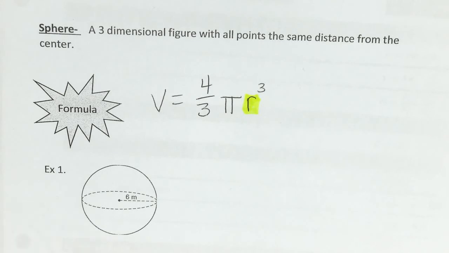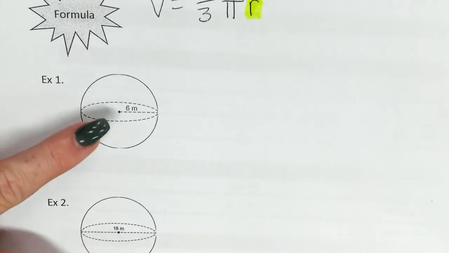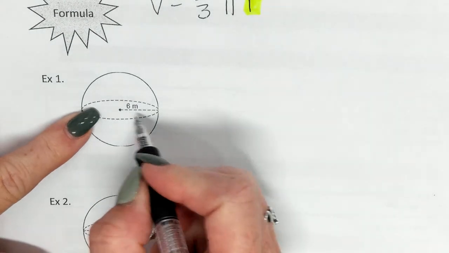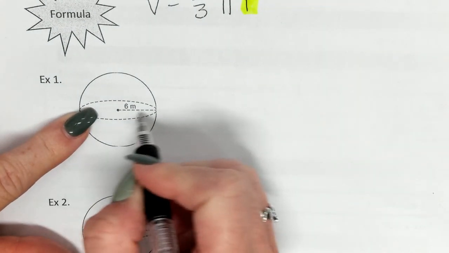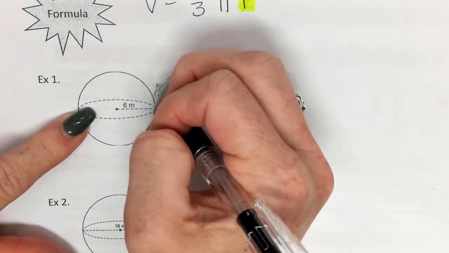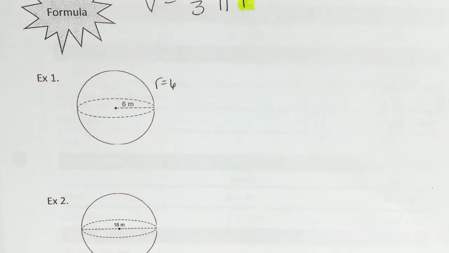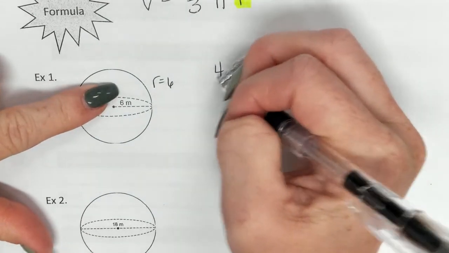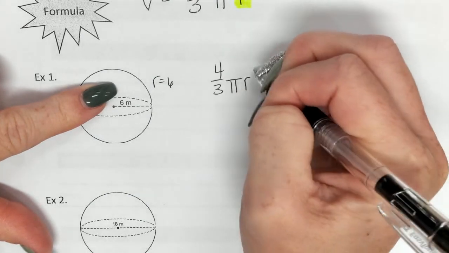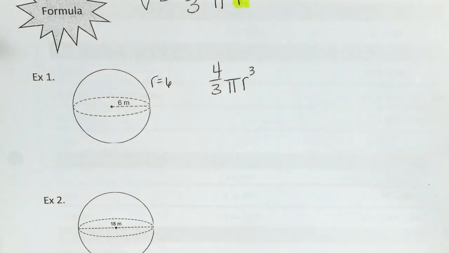Yes? So everybody look at this sphere. Did they give you the radius? Yes. Does everybody see that? They gave you the radius. So the radius is 6. Everybody should be writing this down. Now you're going to write the formula: 4/3 pi r cubed.